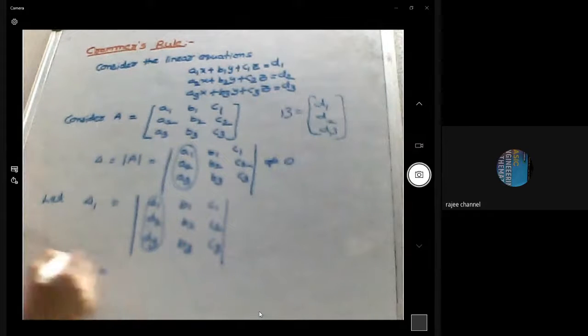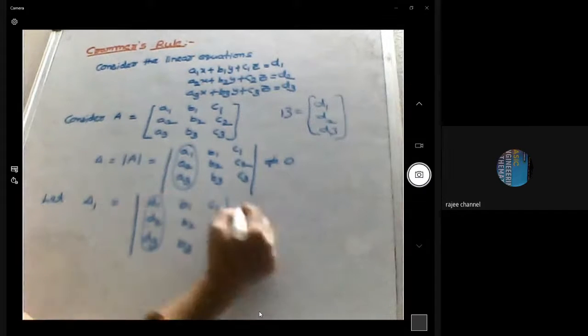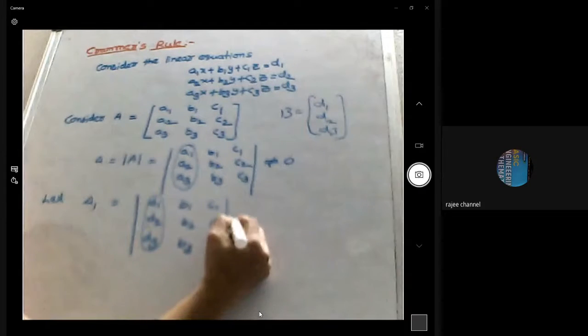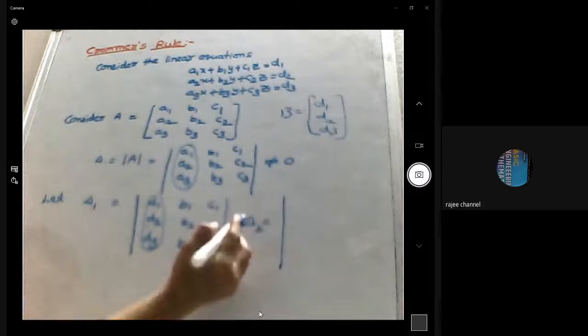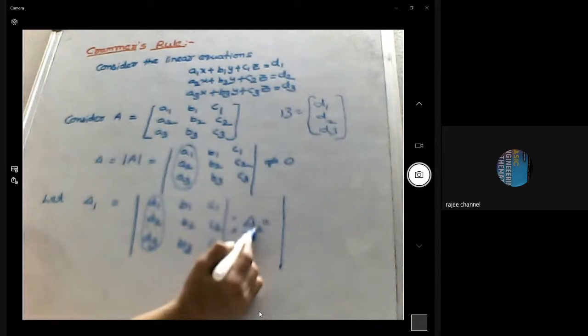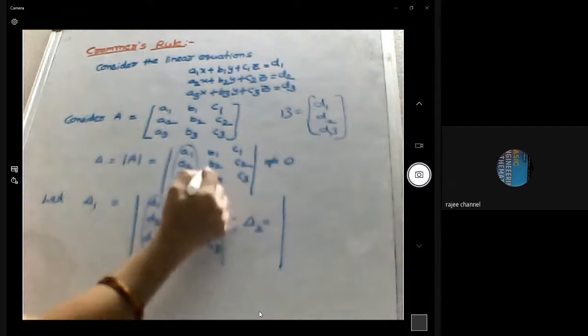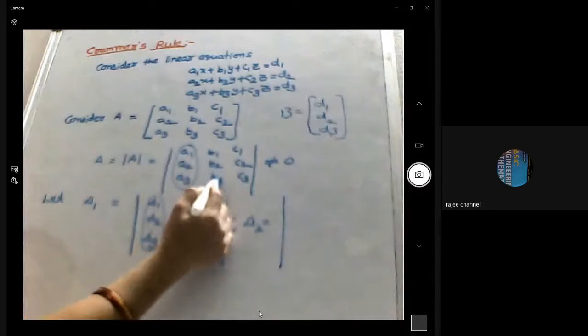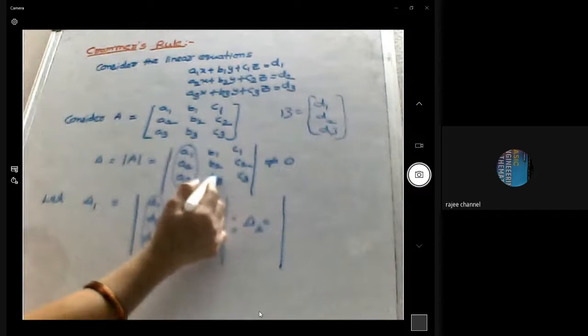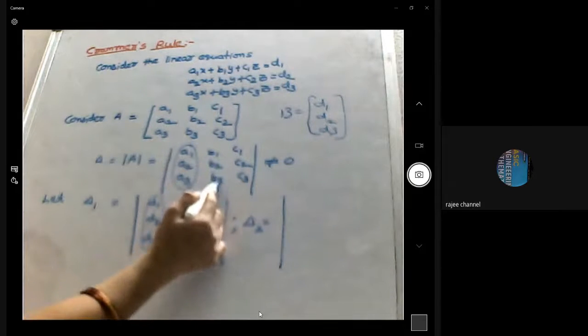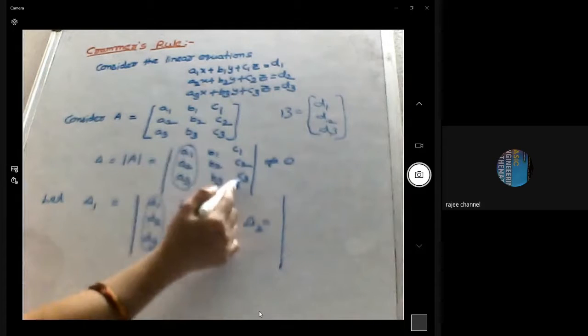Okay. So next, delta 2. Delta 2 is obtained by replacing the second column b1, b2, b3 of delta by d1, d2, d3. The remaining columns are taken as is.